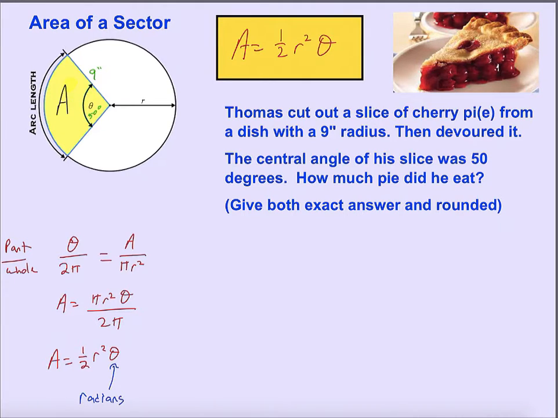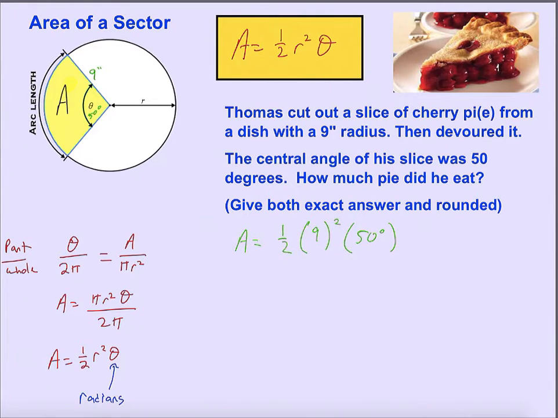I mean, sure, if we knew how much it weighed, or its mass or something like that, we could measure it that way. But generally speaking, when you talk about how much food you eat, you're talking about area, or volume if we know how deep it is, but we don't. So we're going to use the formula for sector area, 1/2 r squared theta, to find out how much pie he ate. 1/2 times the radius squared times theta.